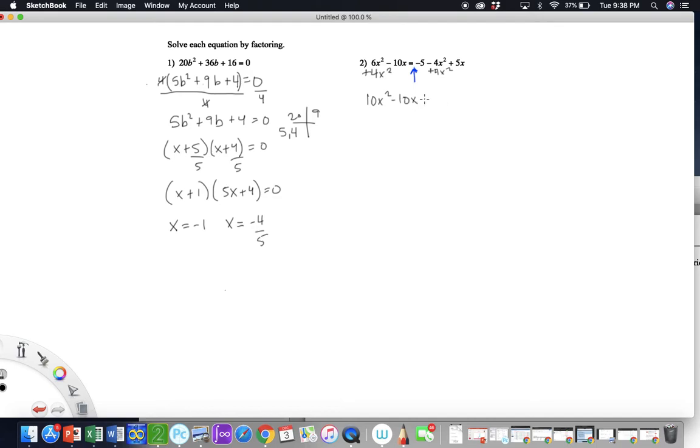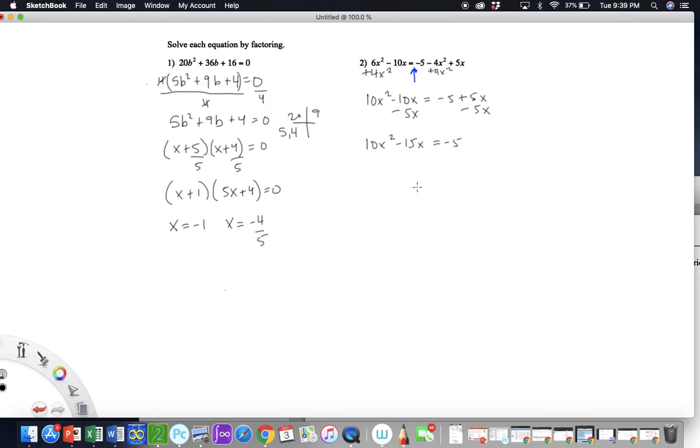Okay. Now I'm going to take this step by step here so you can see my solving process. So what I just did is I moved the plus 4x squared over here. It combines with the other x squared to make 10x squared. And then I'm going to move over this 5x, minus 5x, and we get 10x squared minus 15x equals negative 5.